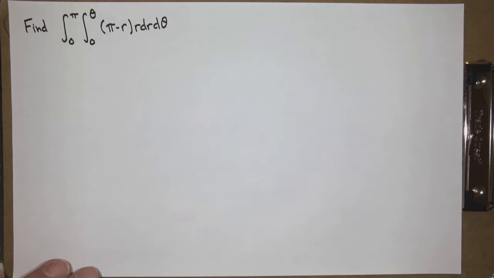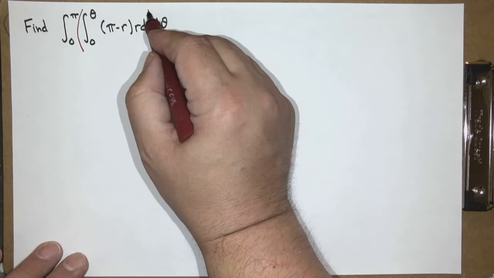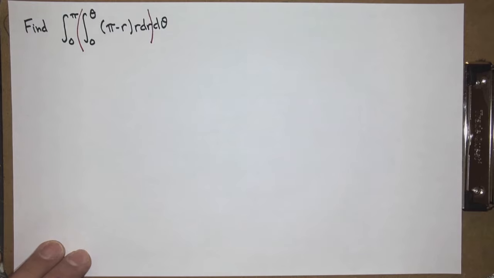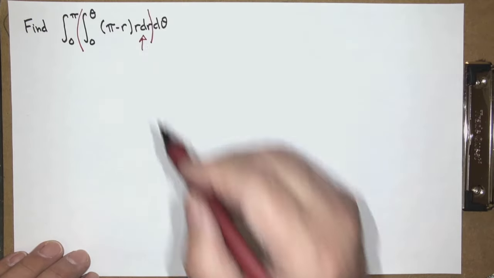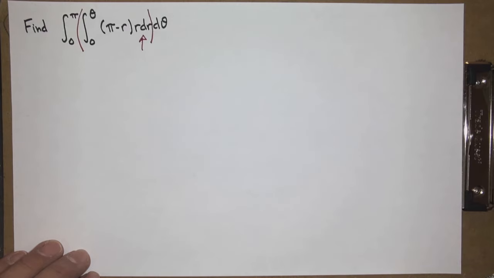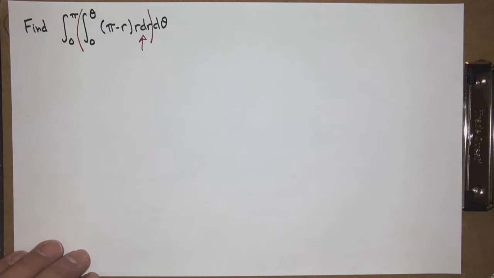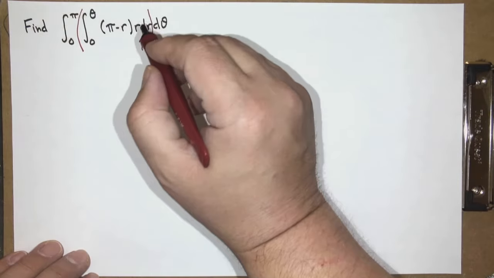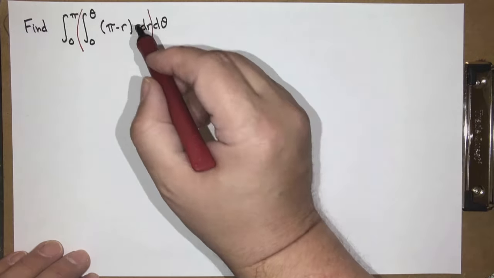So we say, all right, let's start with the inner layer. Now, in the inner layer, what are we integrating with respect to? R. So how do we treat theta? Constant. It doesn't matter, there is no theta, but if there were, we would treat it like a constant. Now, before we integrate, is there anything we should do? Yeah, we should distribute.